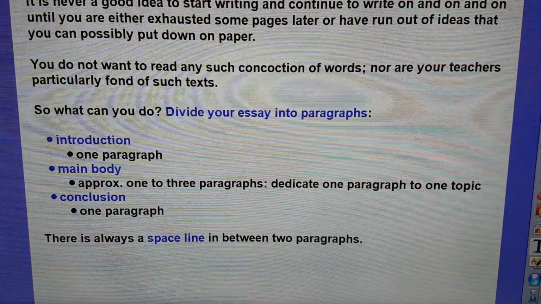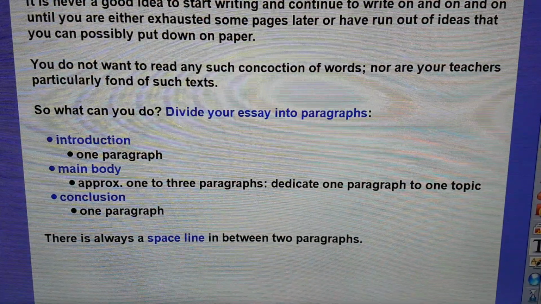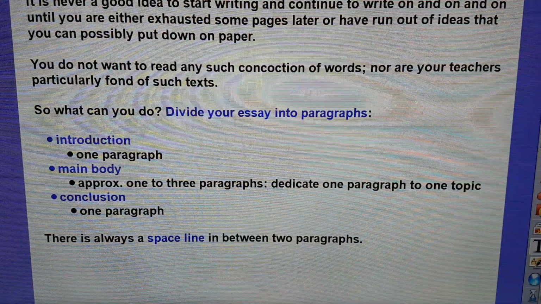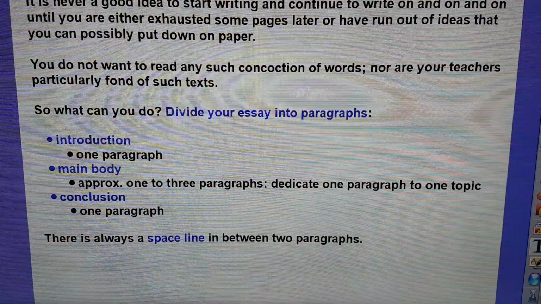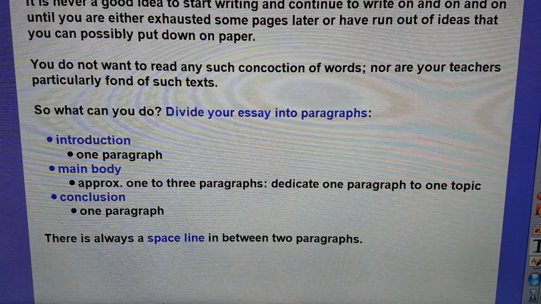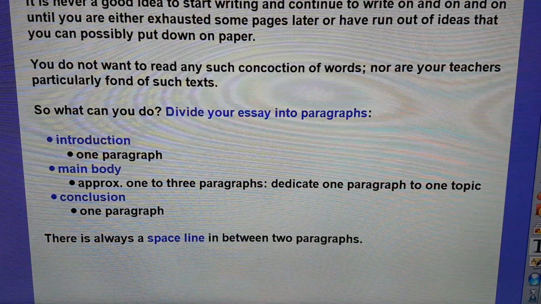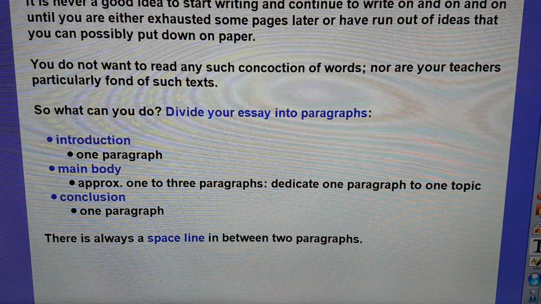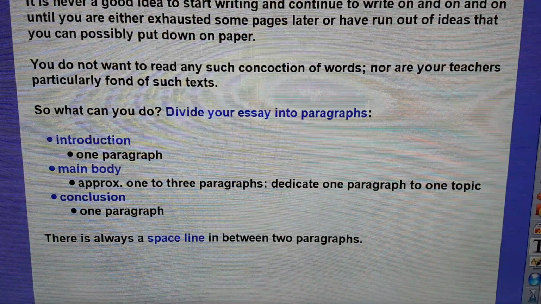The answer is divide your essay into paragraphs. So dedicate one paragraph to your introduction, and then dedicate approximately 1 to 3 paragraphs to the main body.